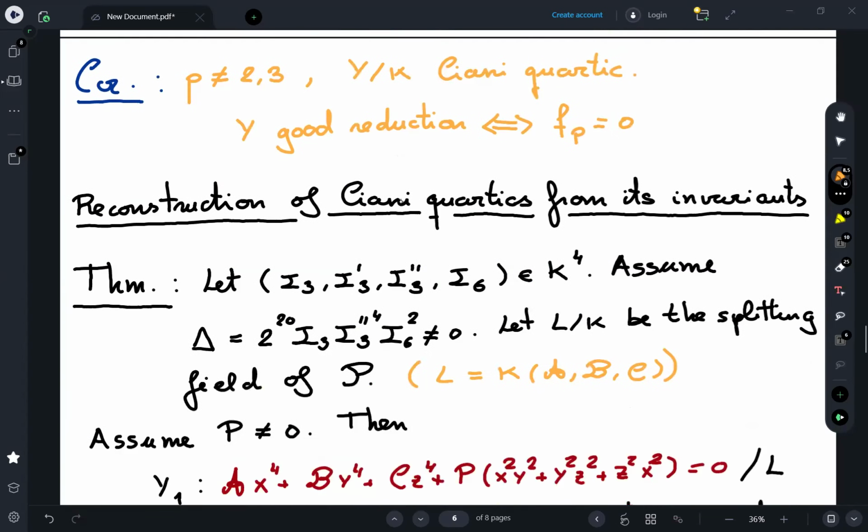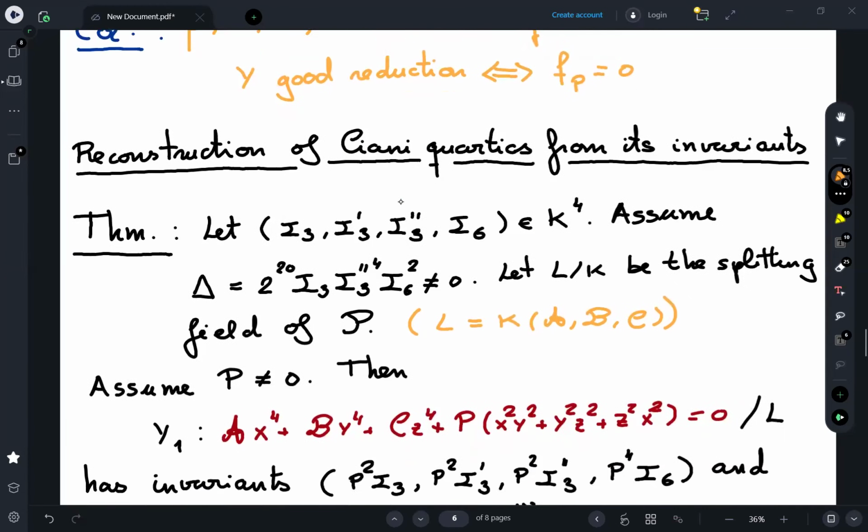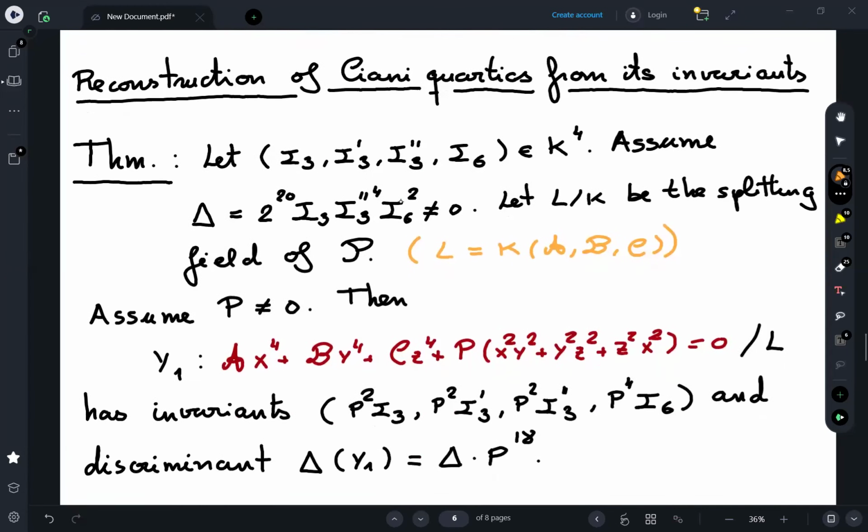So this question, we handle it in the following way. We have this theorem that says, okay, take your field. Again, think about a discrete valuation field.